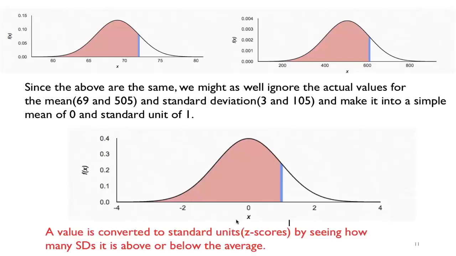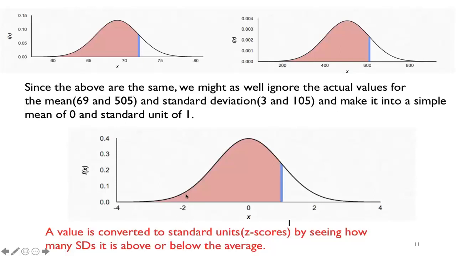This is known as the standard normal distribution. These points right here are called Z-scores, and they measure how far away from 0, from the average, a point is. They're measured in terms of SDs. For example, this 2 represents 2 SD away from the average. This -2 is 2 SD to the left of the average.